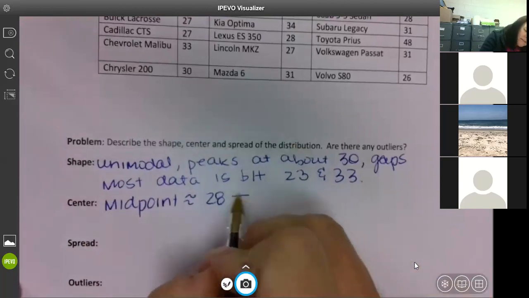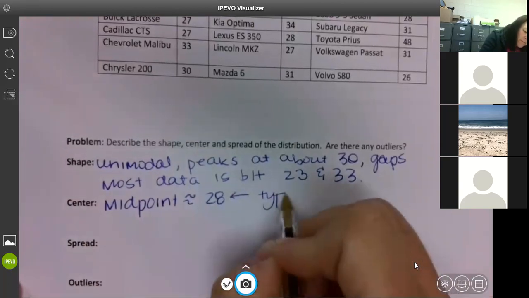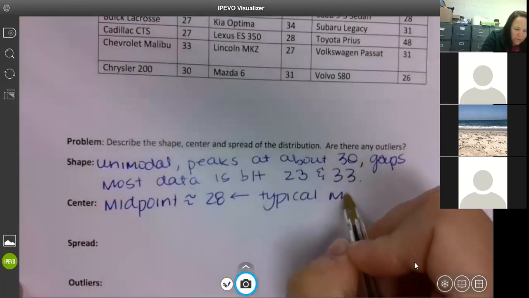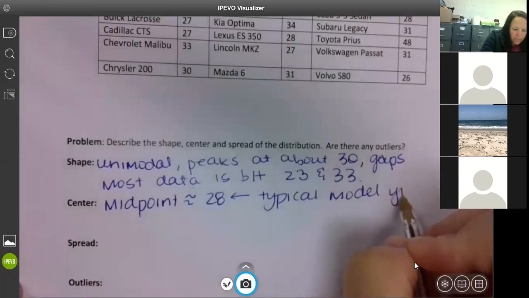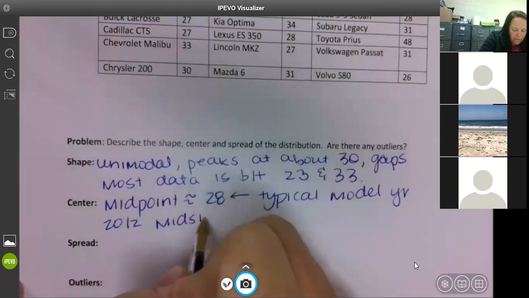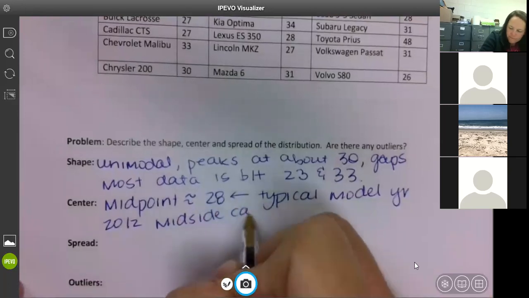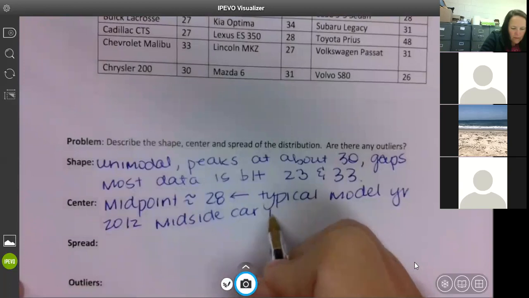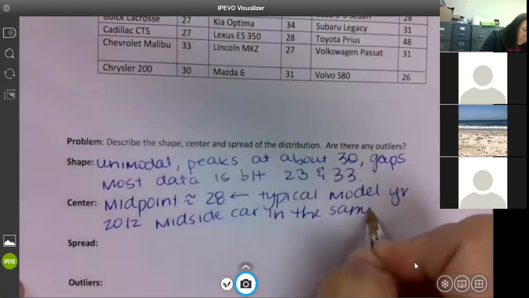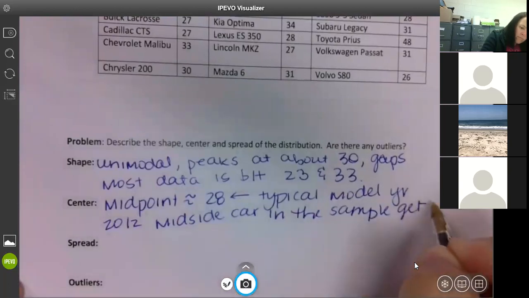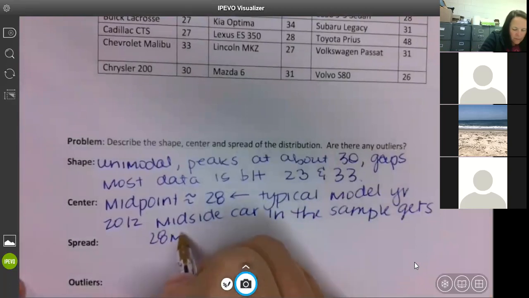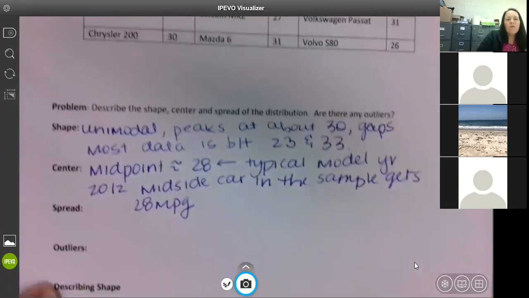So what this means is a typical model year 2012 mid-size car in the sample gets 28 miles per gallon.